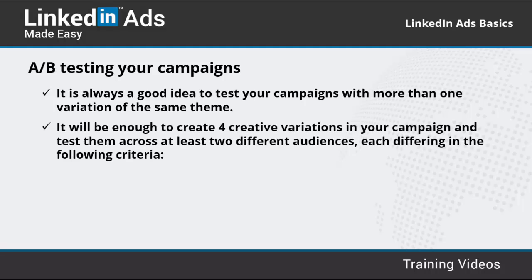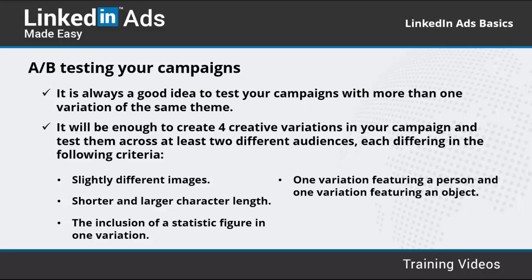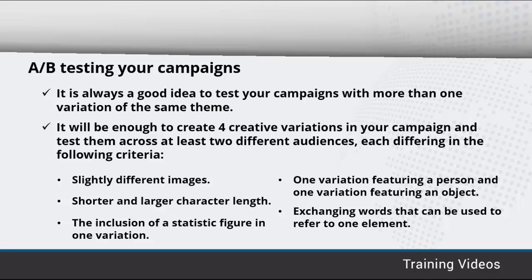It will be enough to create 4 creative variations in your campaign and test them across at least 2 different audiences, each differing in the following criteria: slightly different images, shorter and larger character length, the inclusion of a statistic figure in one variation, one variation featuring a person, and one variation featuring an object. Exchanging words that can be used to refer to one element, using ebook on one variation, and using guide on another variation to refer to a digital download.